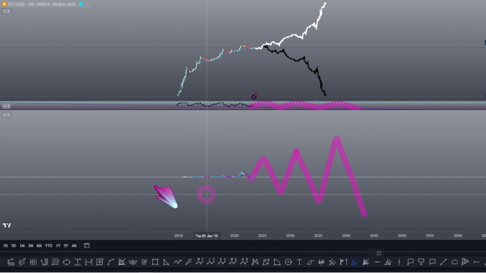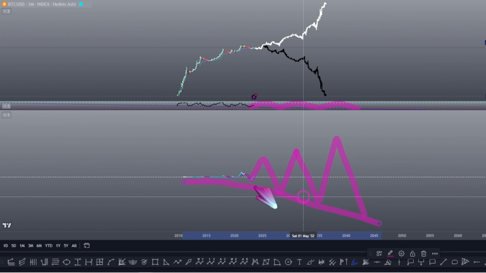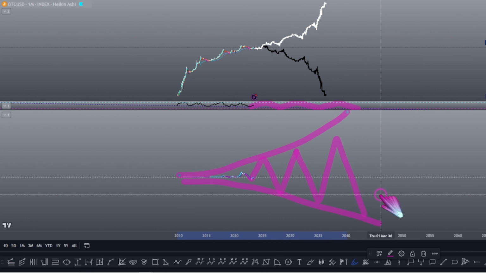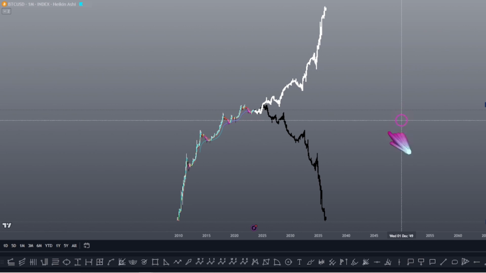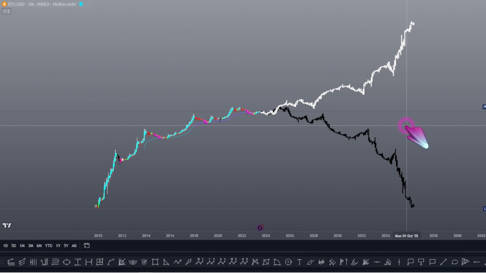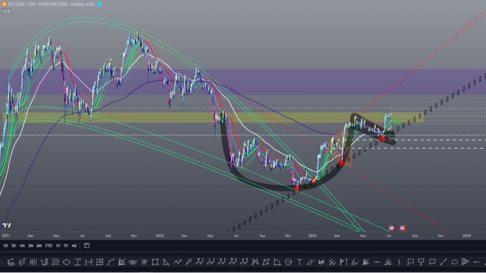If you look at the MACD, it's basically just swinging higher and lower as it progresses, and it's building up massive momentum, perhaps to compensate for the fact that its velocity is decaying over time. But that wraps up Bitcoin.